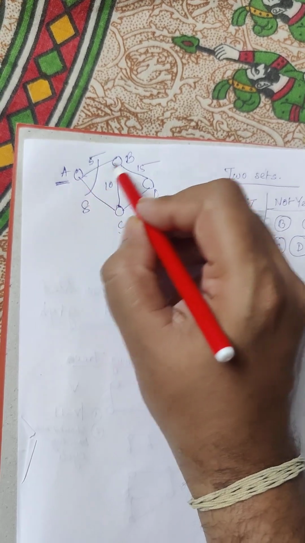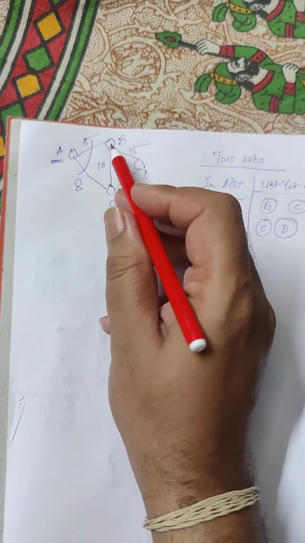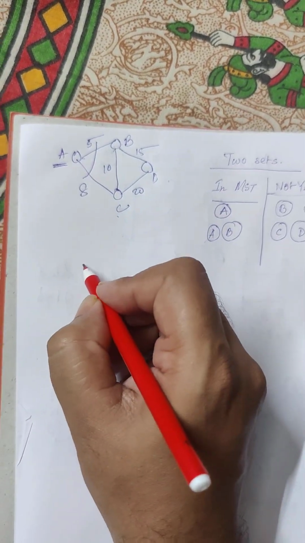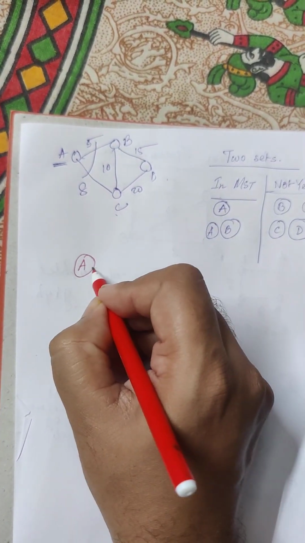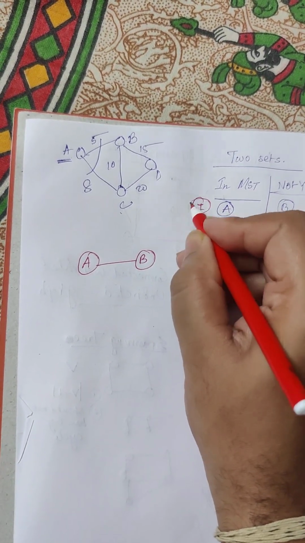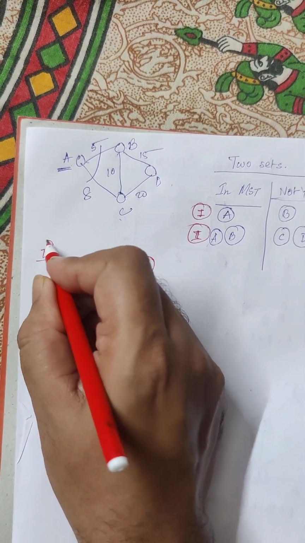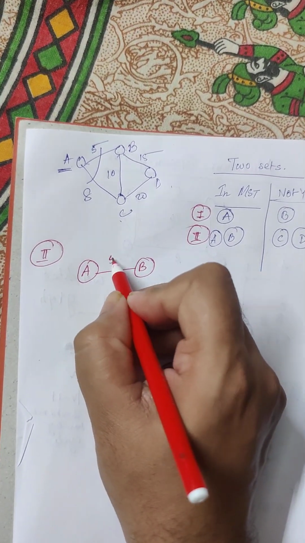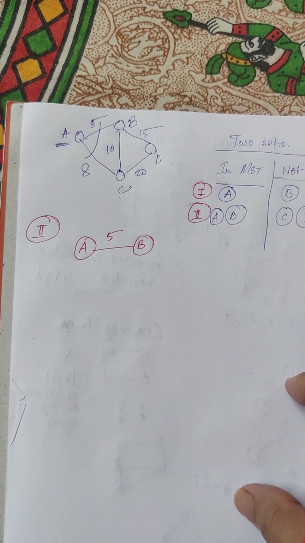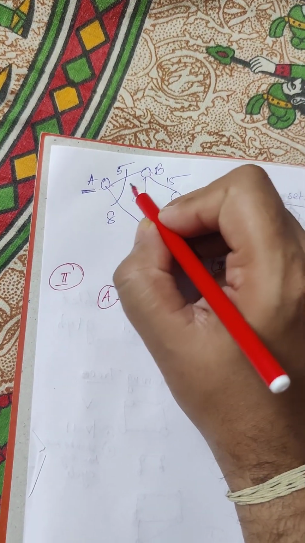Our consideration in the MST is now AB. So let's write this A and B. This is phase 1, this is phase 2. So we are drawing for phase 2. Okay, so you have 5. Now what exactly are we going to do? We have to make a cut. We have AB, right?